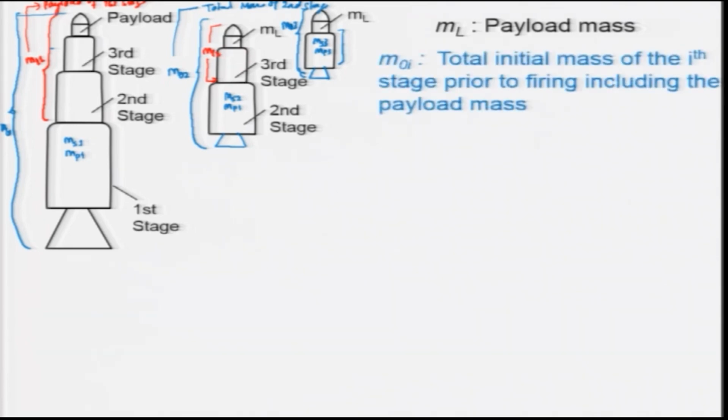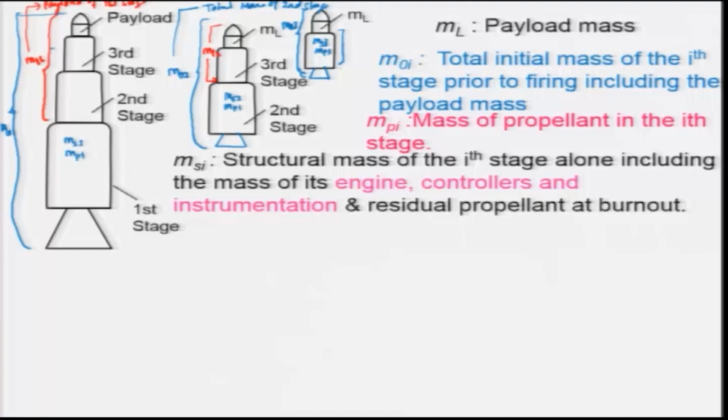And as I told you, for the ith stage, m0i is the total initial mass of the ith stage prior to firing, including the payload mass, and mpi is the mass of the propellant in the ith stage, and msi is the structural mass of the ith stage alone, including the mass of the engine, controller, instrumentation and residual propellant at burnout.